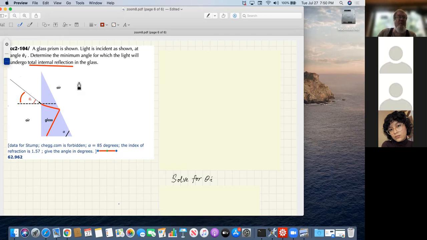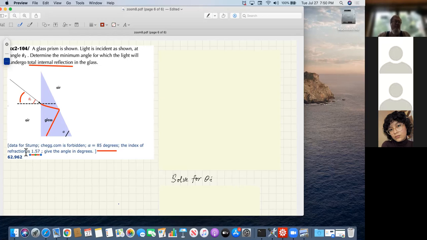And one more piece of information, you're given the index of refraction of the prism. Unlike water, water always has index of refraction 1.33. But glass is different because glass has different compositions. So the index of refraction of glass is not always the same. Glass could have an index of refraction less than 1.5, or it could have an index of refraction greater than 1.7.